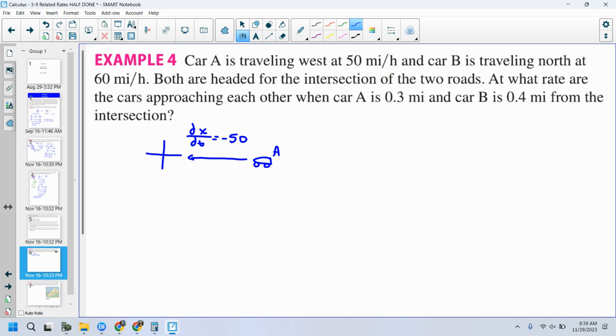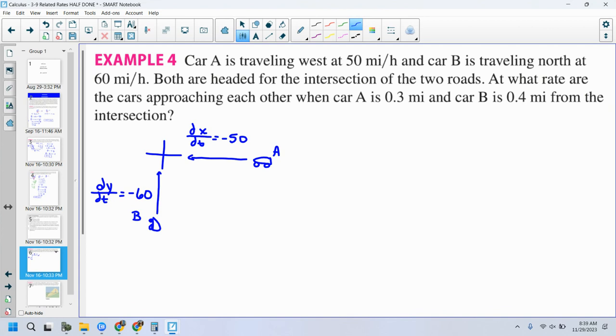Car B is traveling north. So here's car B down here. We are traveling north at a rate of 60 miles per hour. Since it's the vertical component, dy/dt is going to be negative 60 miles per hour. Again, I'm treating them as negatives because they're moving in.